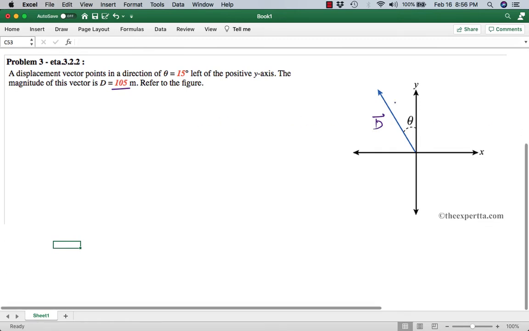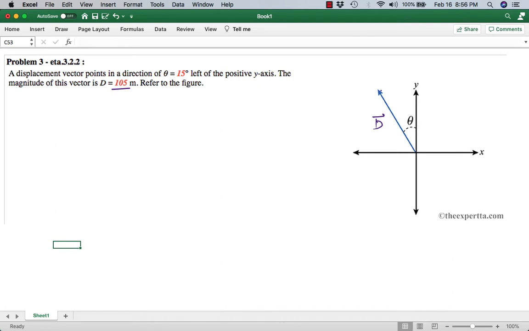So to find the x and y components, we just need to project this on the x and y axis. When you project this on the y axis, this will give us the magnitude of this vector dy, the y component of the vector.